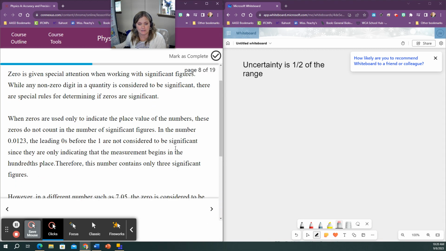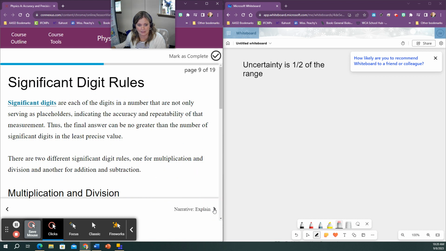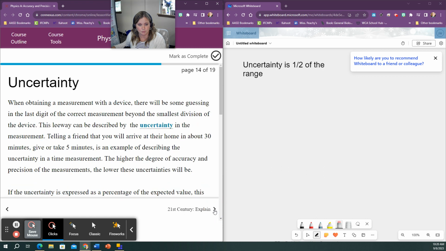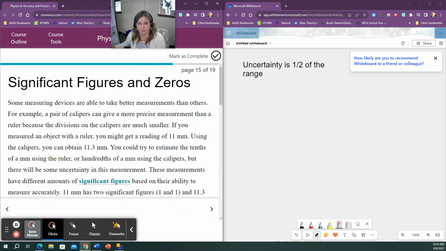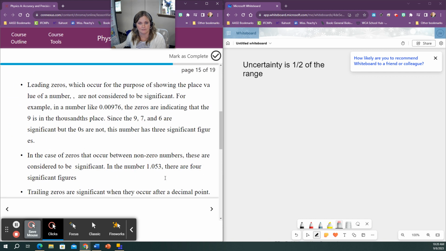Specifically, it's going to talk about zeros. I'm going to talk a little bit about zeros, not using this page, but skipping ahead a little bit to this page, because I think they do a better job on this page of explaining the rules of significant figures and zeros.